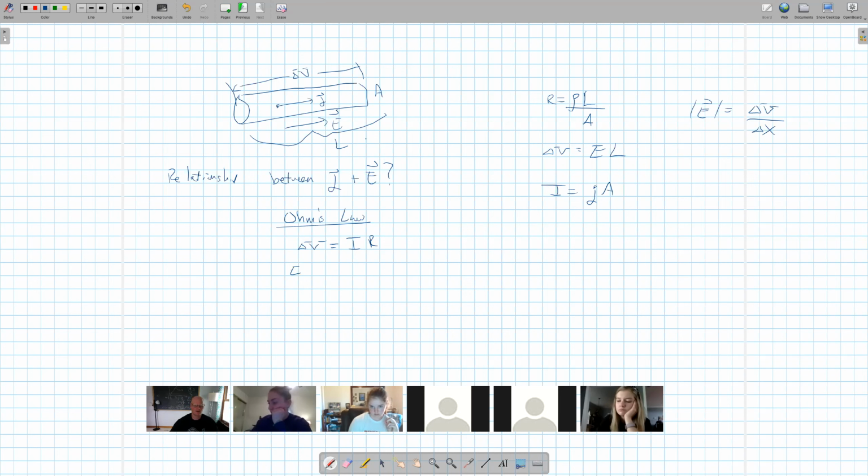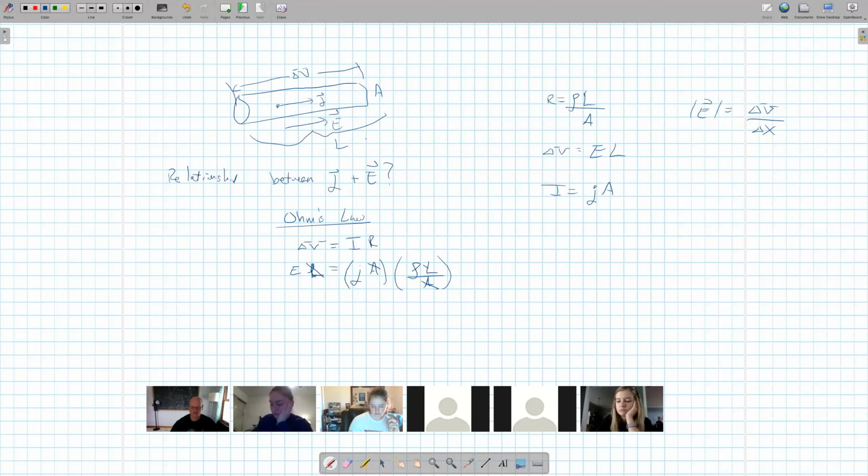So let's put all these things together. The left-hand side we're going to write as electric field times the length. And that's equal to the current, which is the current density times the area, times the resistance, which is the resistivity times the length divided by the cross-sectional area. So here the area is going to cancel with this area.